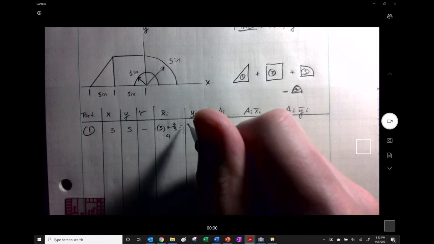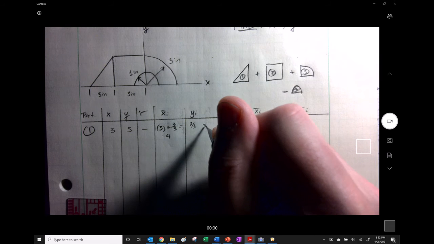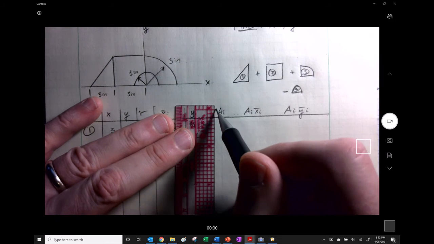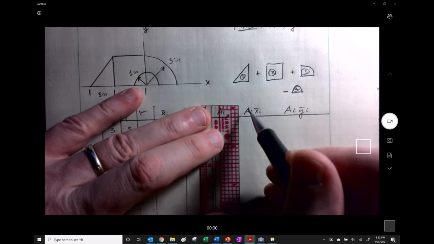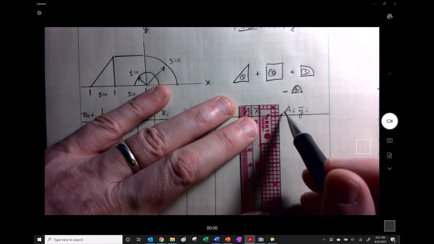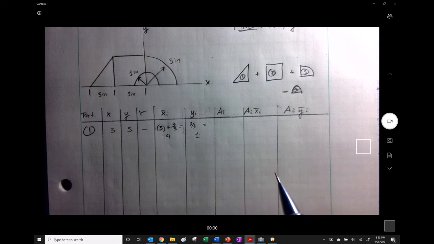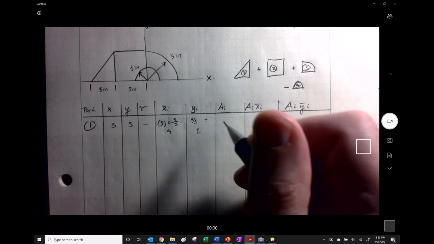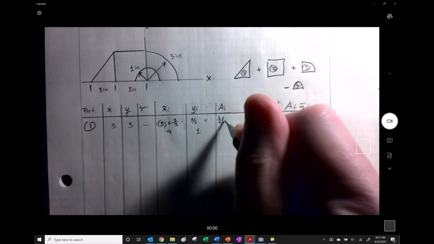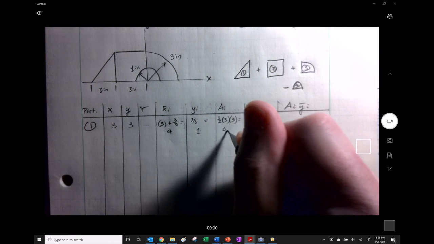And then I'm going to have 3 over 3, so 1. All right, and Ai is going to be 1/2 times 3 times 3, right? So that's, what's that, 4.5?